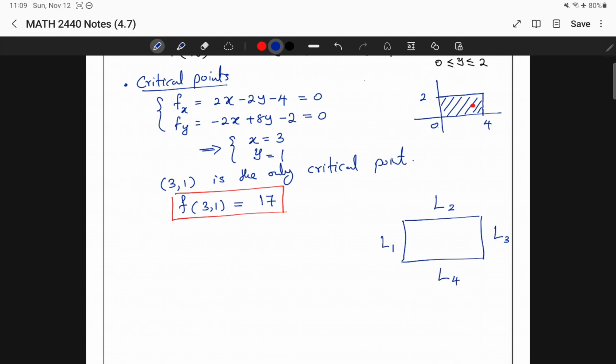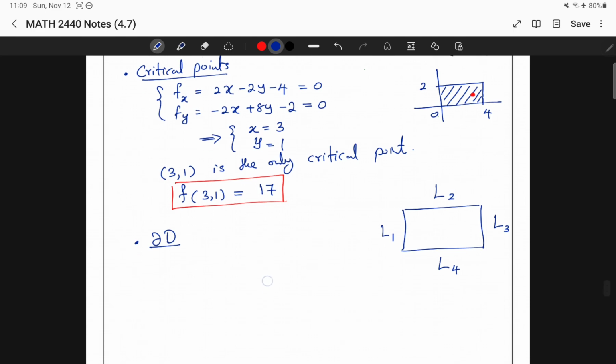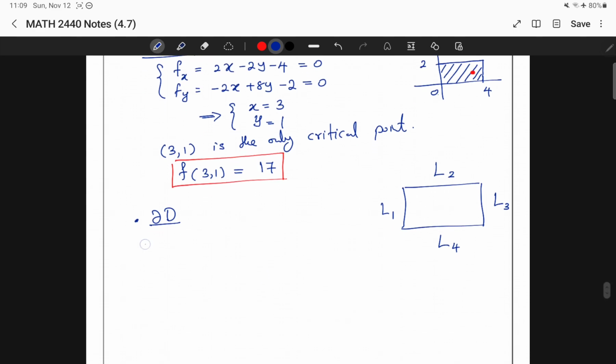So what I'm going to do is parameterize each of these lines and then try to find the function values. Now after critical points, we are going to take care of the boundary points. First, let's take care of L1.